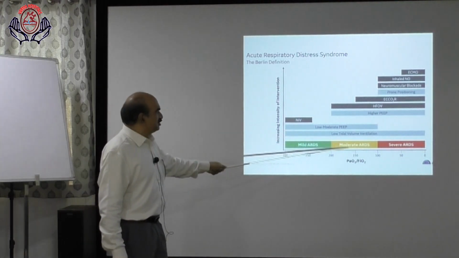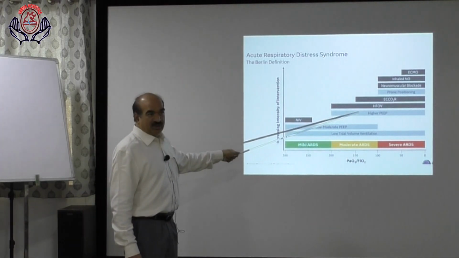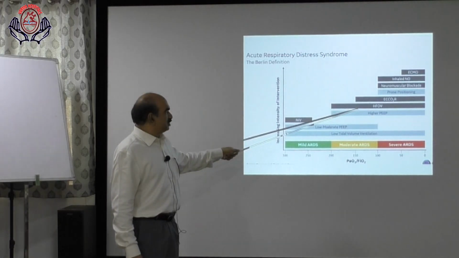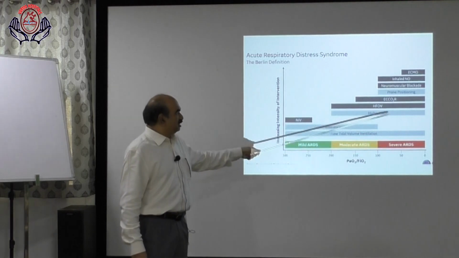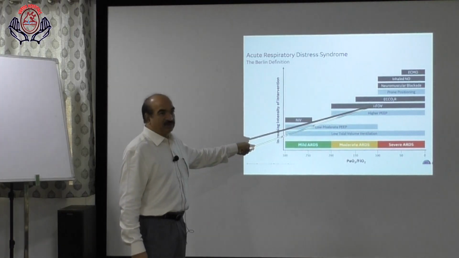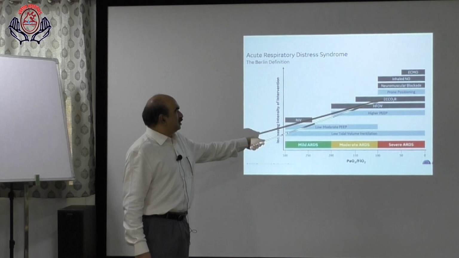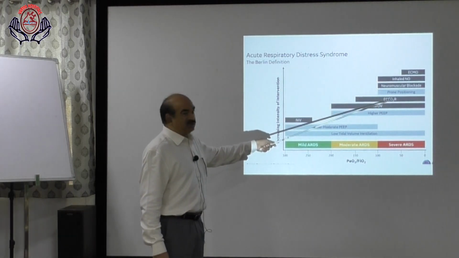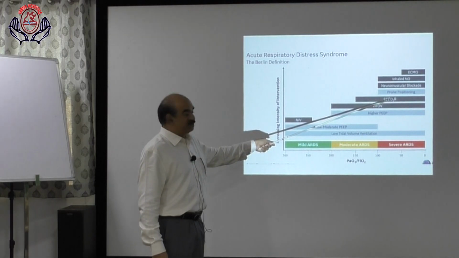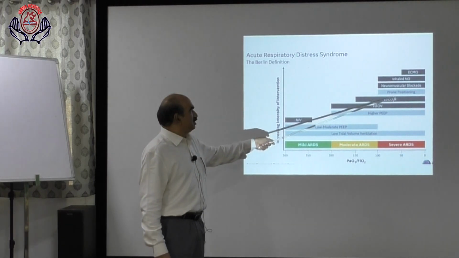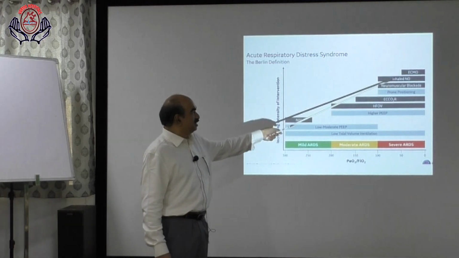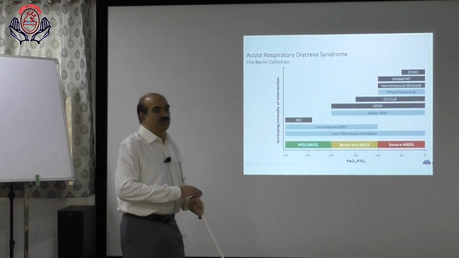In moderate ARDS, high PEEP and changing various settings with pressure control and pressure support modes. In severe ARDS, the last options are HFOV, carbon dioxide removal methods like ECCO2R, prone positioning, neuromuscular blockade, inhaled NO. The last option is ECMO.